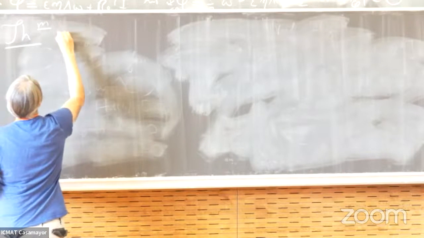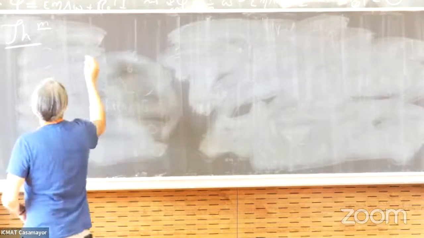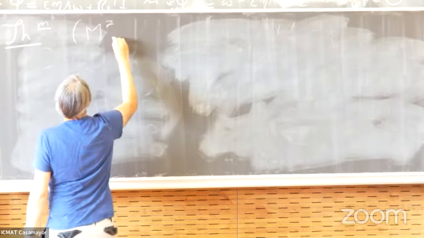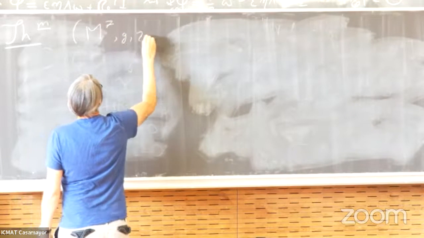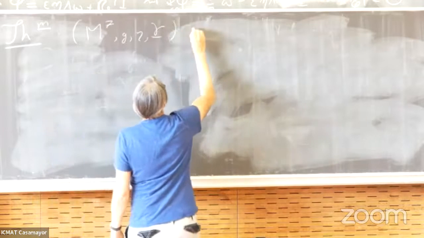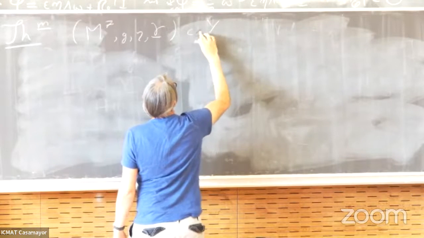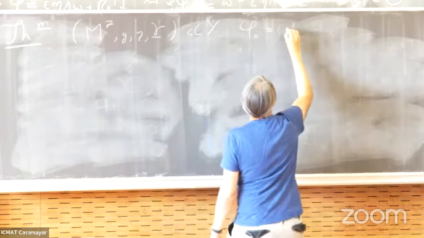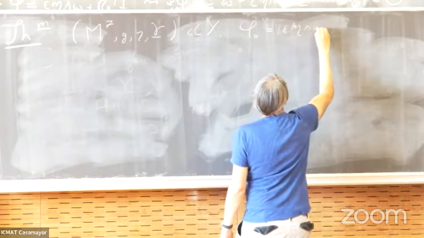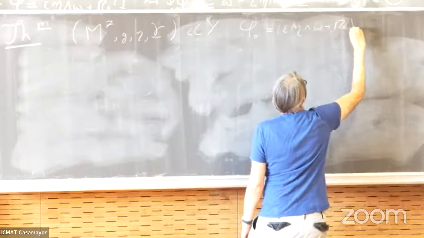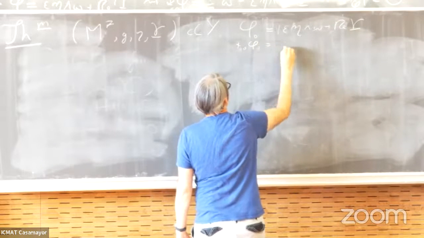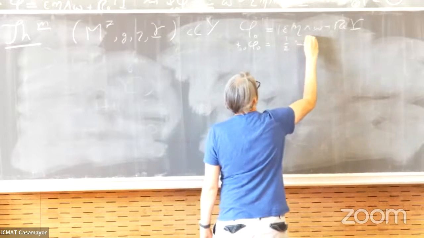Well, suppose we have our M7, with G, eta, epsilon, our contact Calabi-Yau. And suppose our initial condition is the one that we've been writing down.